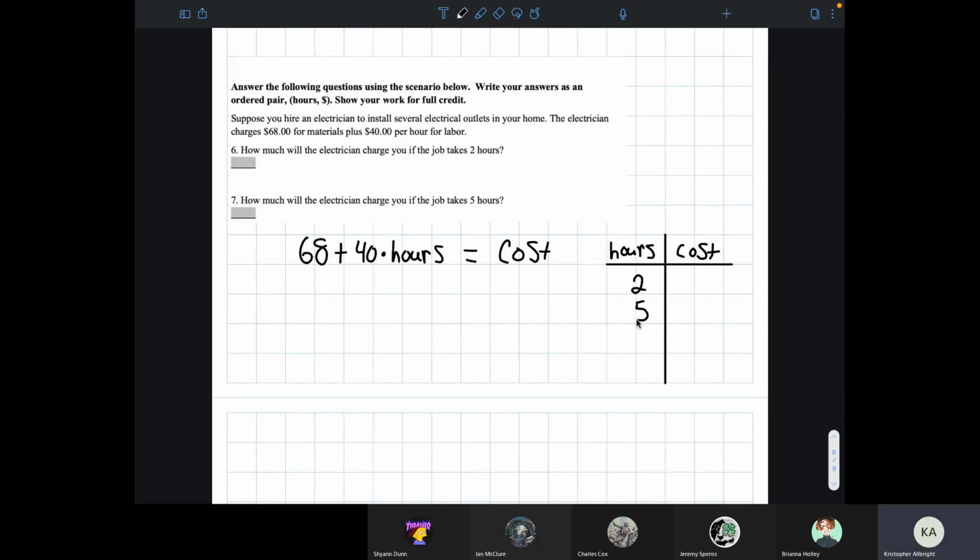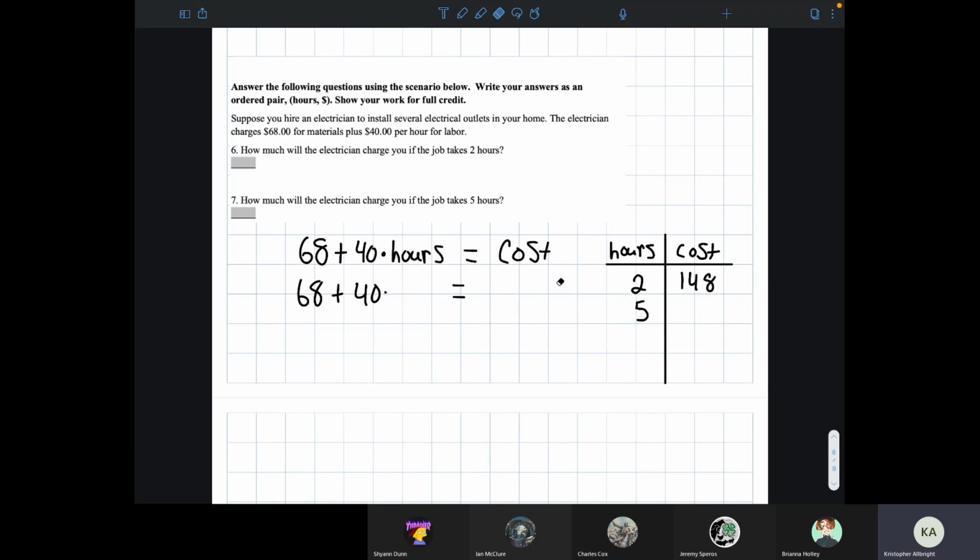So plugging in 2, we get 40 times 2 plus 68 equals the cost. So that's 80 plus 68, which is 148. So it costs 148 for 2 hours of work.